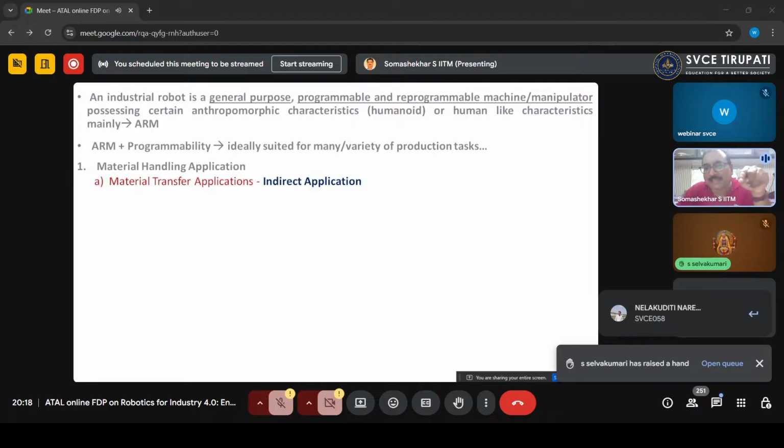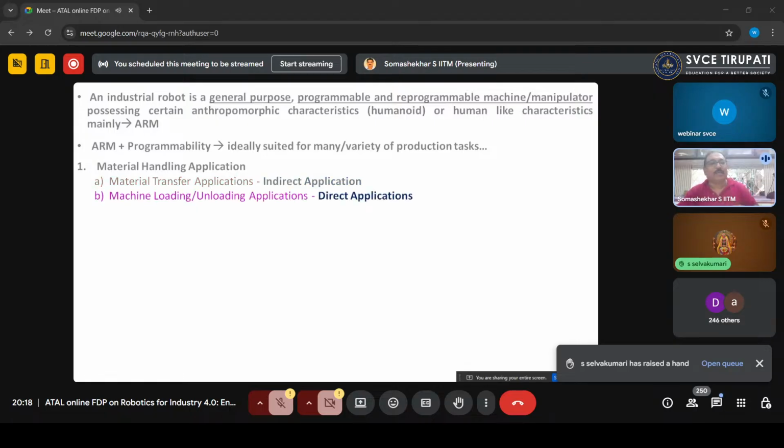They are not working with the machine tools. They will assemble all the finished products in the container through the conveyor system where the parts are moving, or arrange the raw work parts on the conveyor system. They work indirectly, an indirect application.